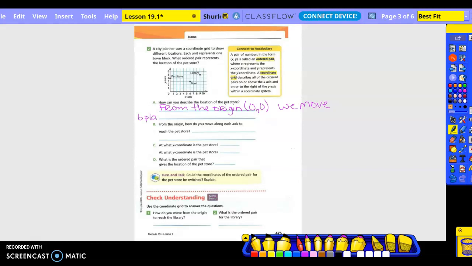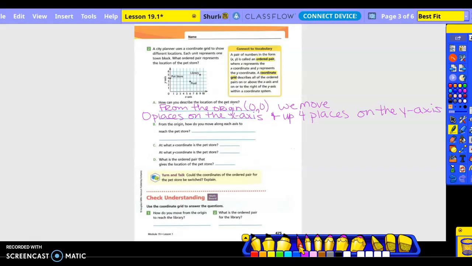Well, we move 0 places on the x-axis and up how many places? 4 places on the y-axis.